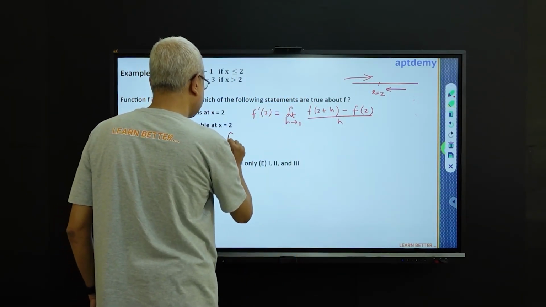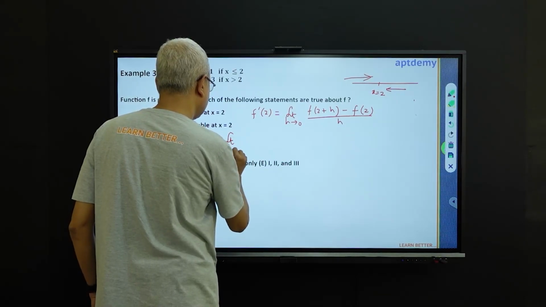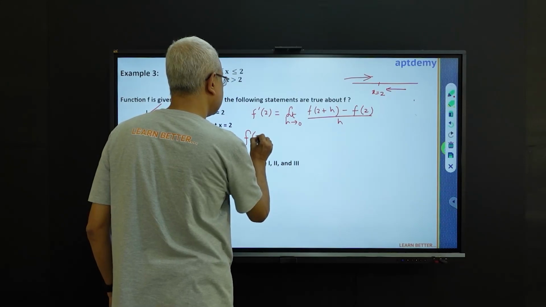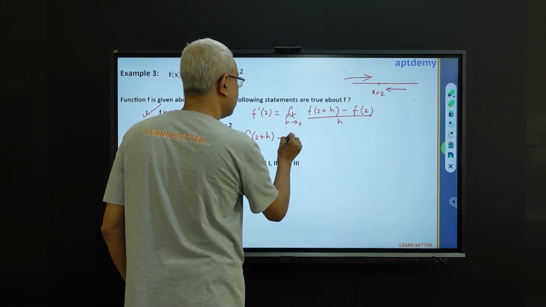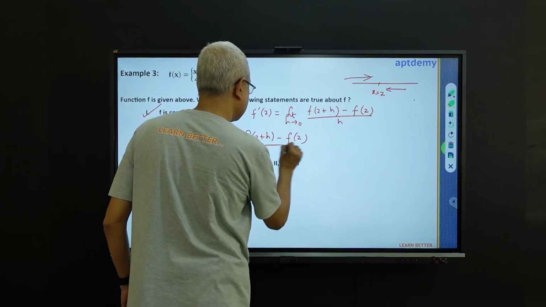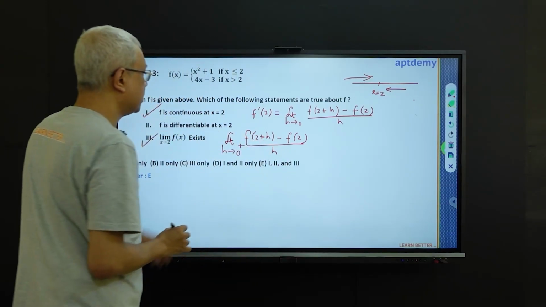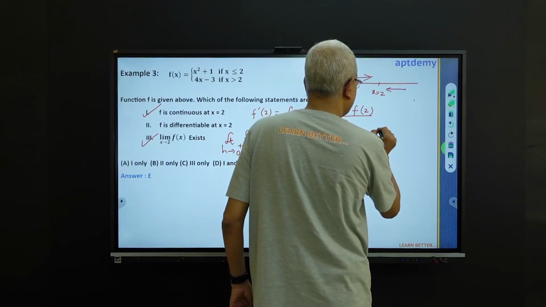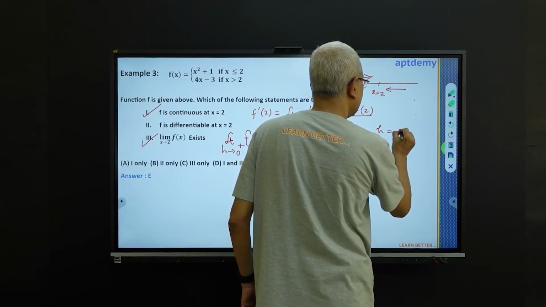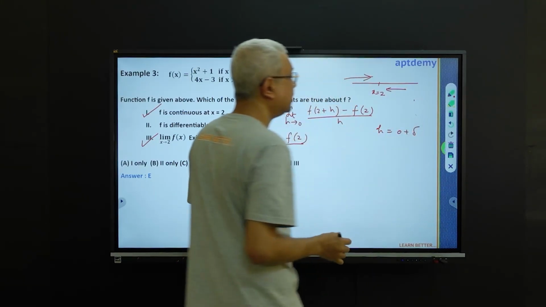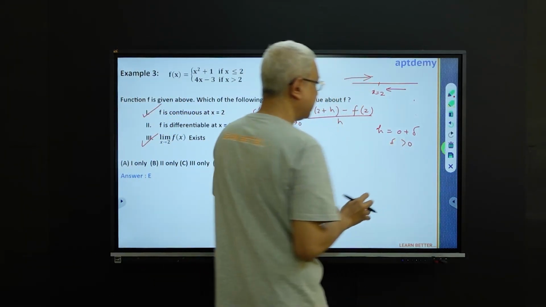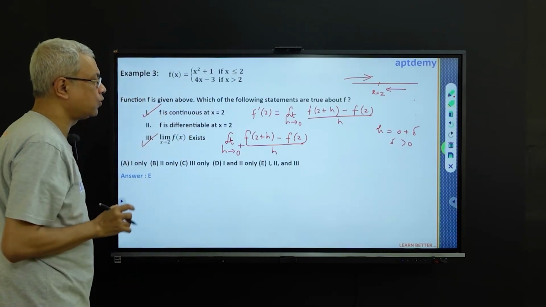So first calculate limit h tends to 0 from positive side of f(2 plus h) minus f(2) divided by h. Now h is approaching 0 from positive side. So h you can write 0 plus some quantity delta, where delta is a positive quantity. This is a technique. Delta is a positive small quantity.